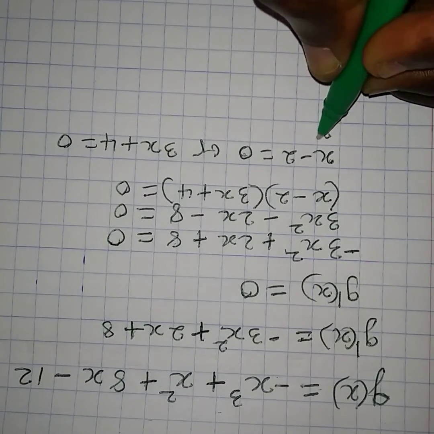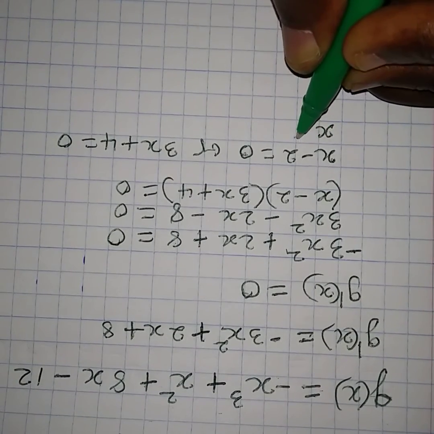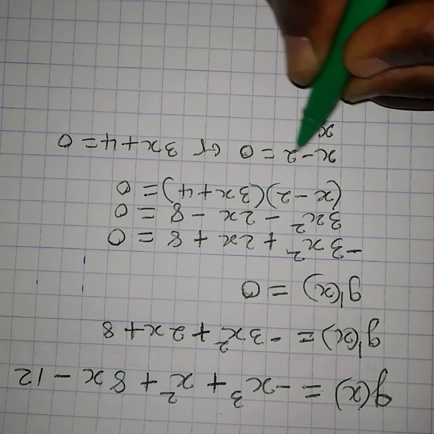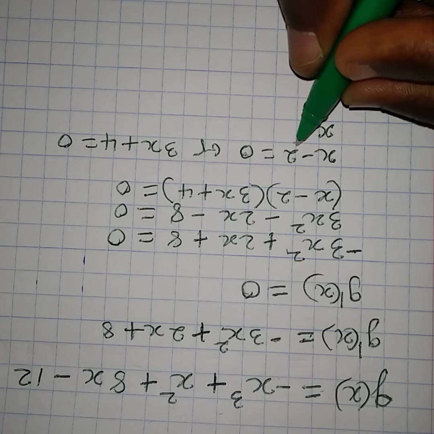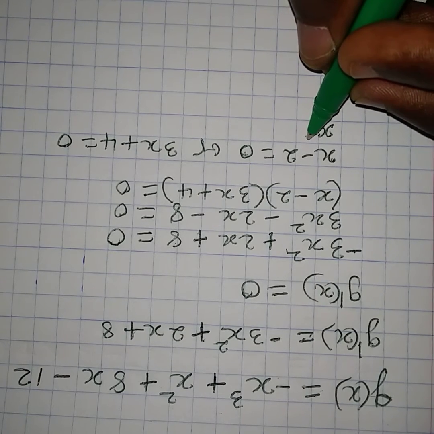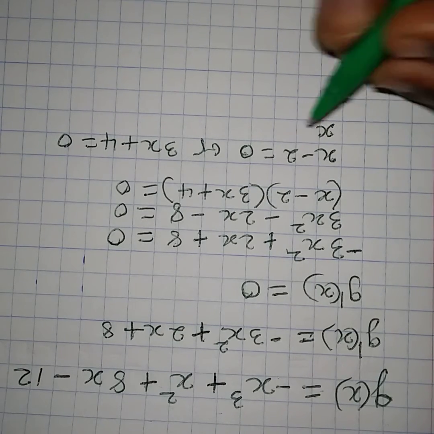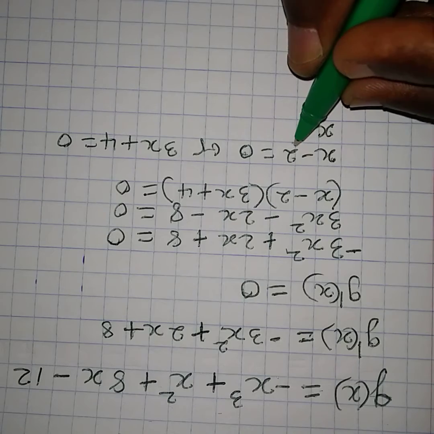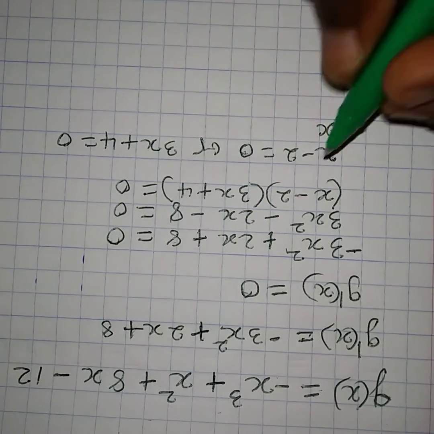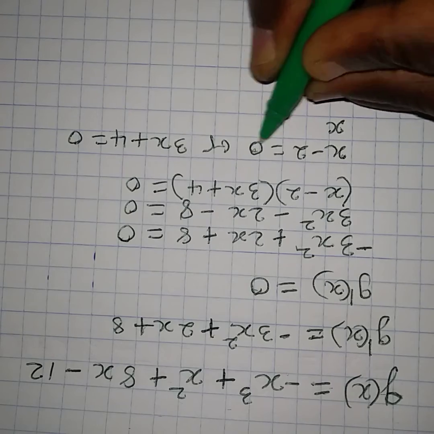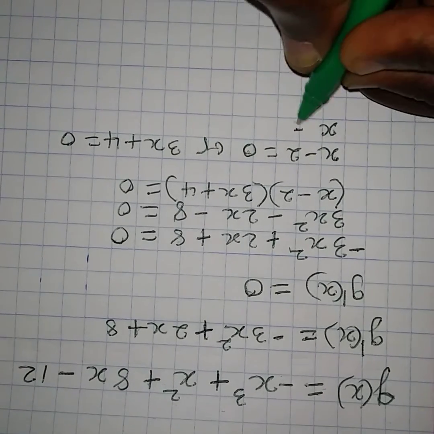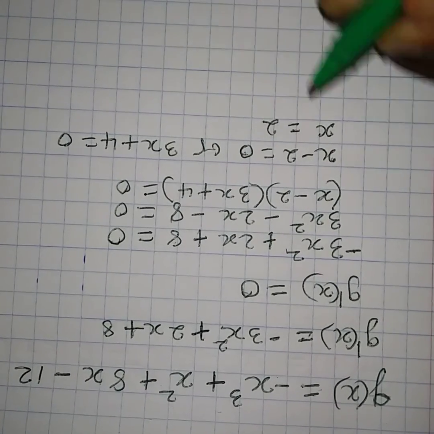Now, since we have minus 2 here, the inverse operation of negative 2 is positive 2. So meaning we are adding 2 to both sides of the equation. So when we add 2 here, this becomes 0, and when we add 2 here, this becomes 2. So that is why we have 2 on this side.